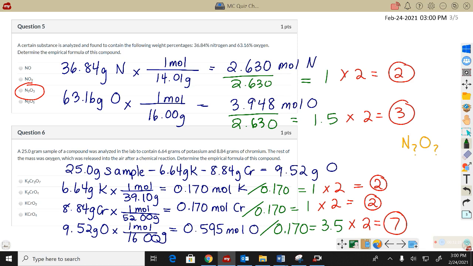I divided them by the smallest, and obviously the potassium and chromium are probably a 1-to-1 ratio. And we still didn't get perfect whole numbers. I got 3.5. It's fine. From here I can just multiply them all by 2 again. So I get ratios of 2 to 7. So it should be this guy.